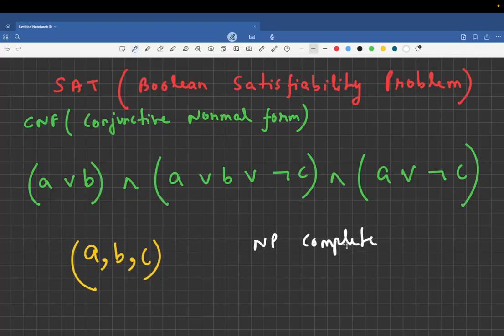This means there does not exist any known efficient solution for this.